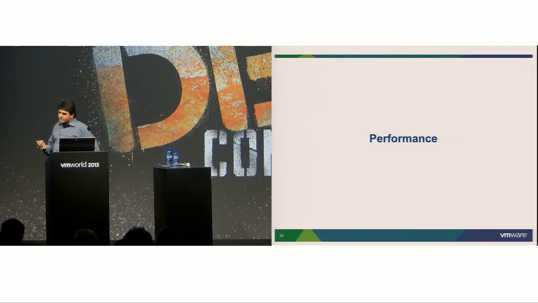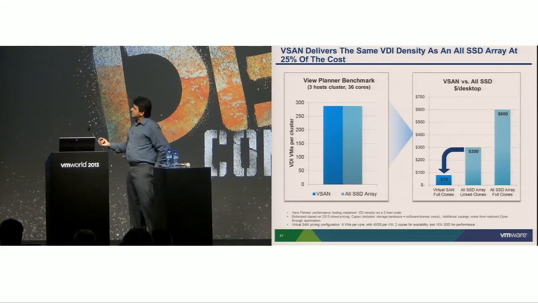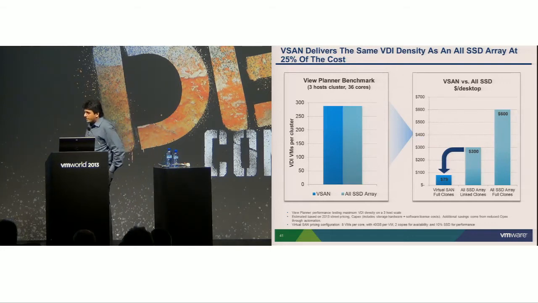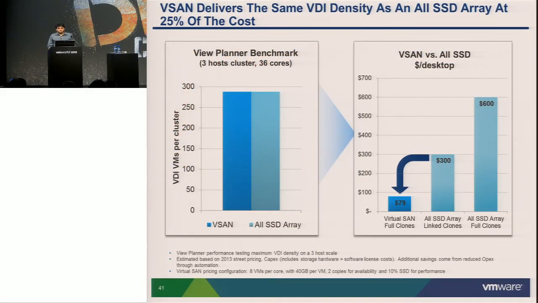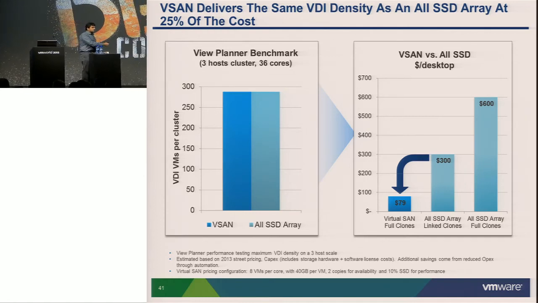All right. So speaking of performance, here's a chart that compares vSAN to an all-flash or all-SSD storage system for a VDI deployment. What this chart shows is that the number of VMs that can be supported on vSAN is exactly the same as what can be supported on an external storage system. So the VM density for a VDI deployment is exactly the same between an all-flash system and vSAN.